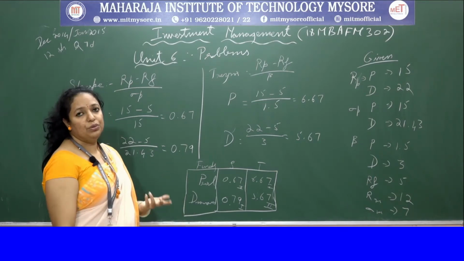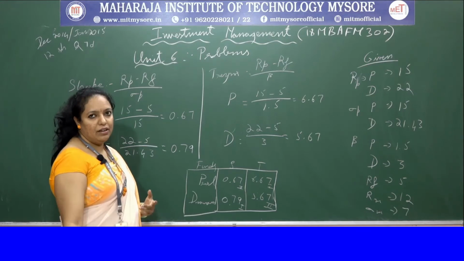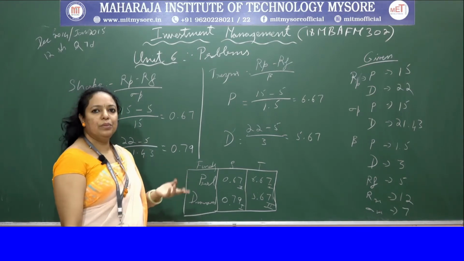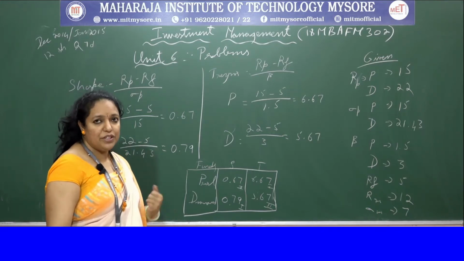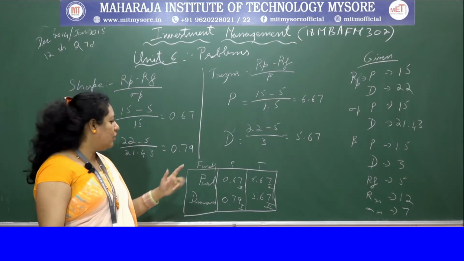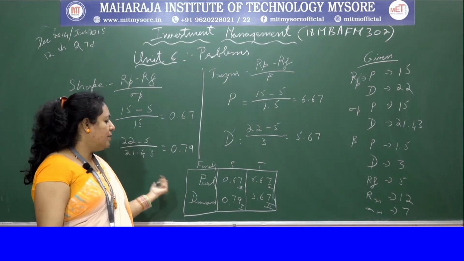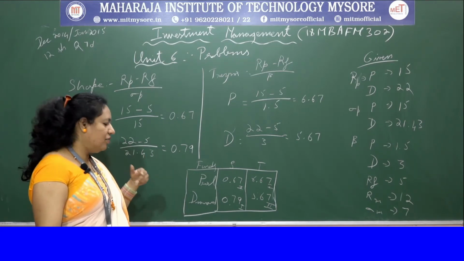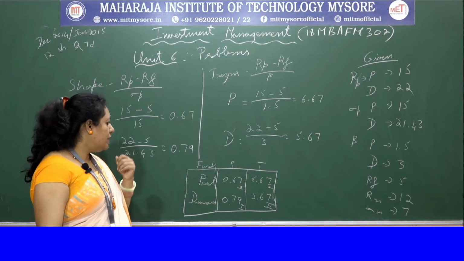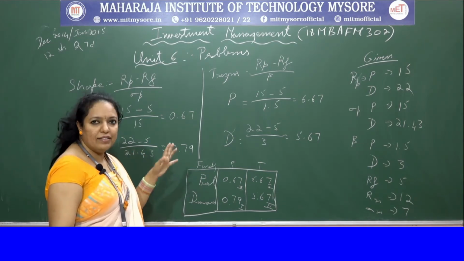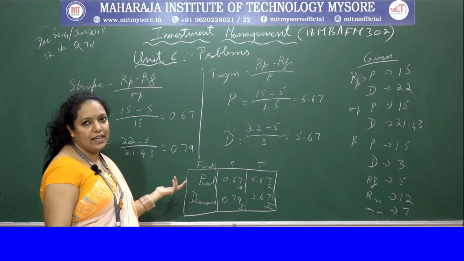But if you have to pick any one of the funds, there are two methods of doing it. One method is Jensen's measure, and in that you can calculate. If you calculate Jensen's measure, Diamond can be selected. Or else, if there are 3 funds, then we could have gone for secondary ranking.